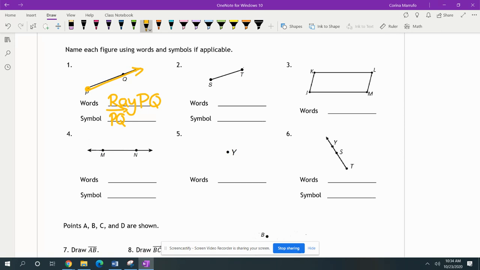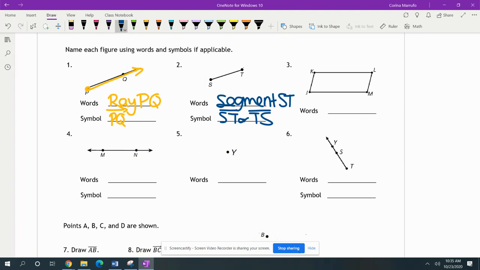Okay. The next one, this one is considered to be a segment. So segment ST, that would be in words, or you would put ST and the little segment on top. Now remember, this one, the order doesn't matter. You could also put TS.